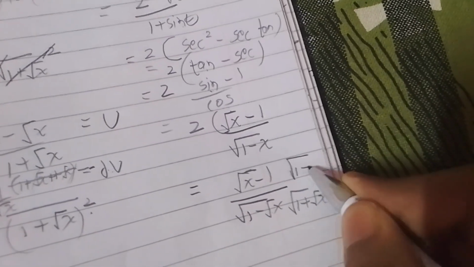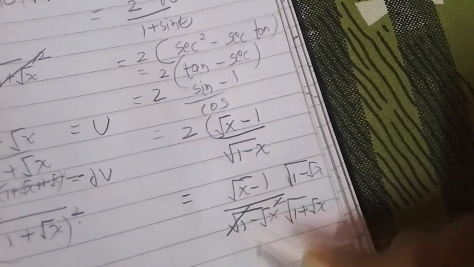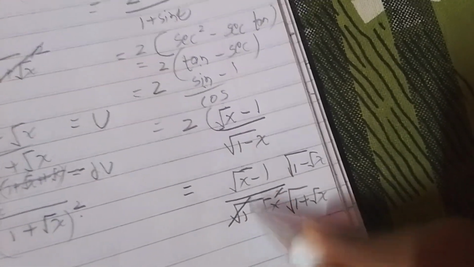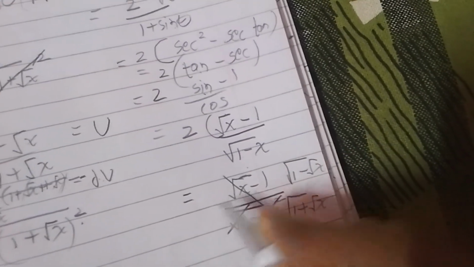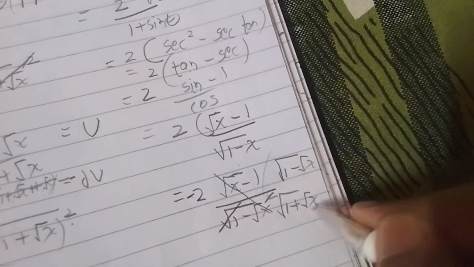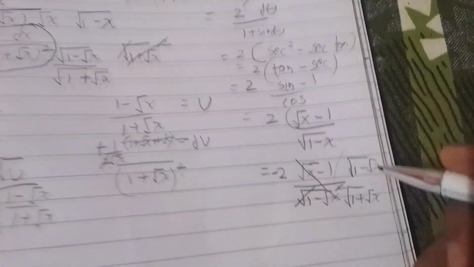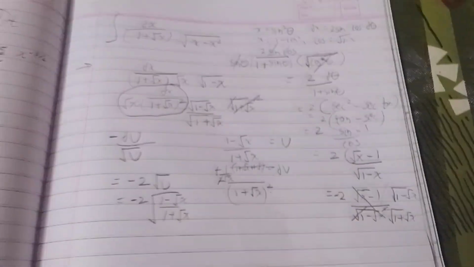So under root 1 minus root x, and this will be squared. Square and root cancel each other, and of course a negative sign is left outside, right? So this is minus 2 times of this, and you can clearly see that both answers match with each other.